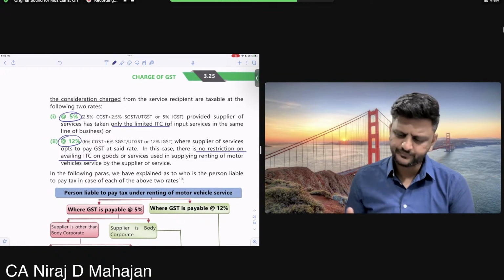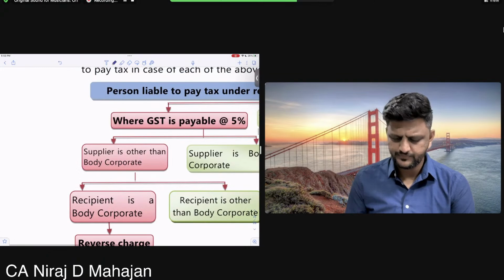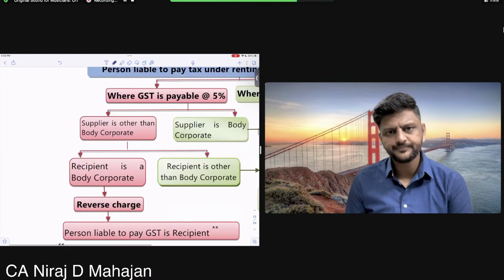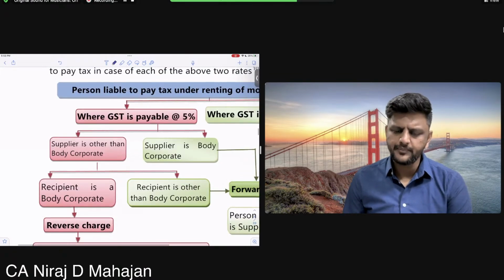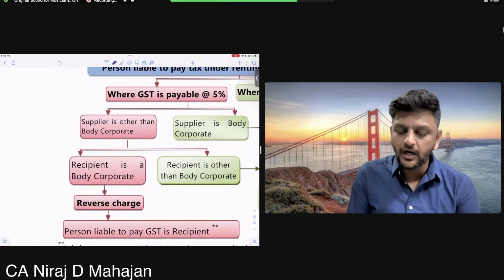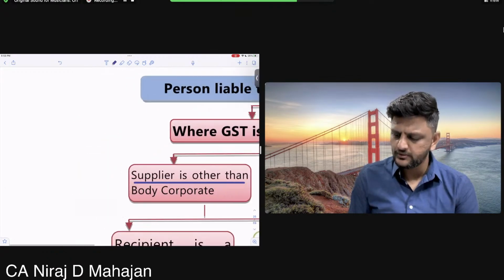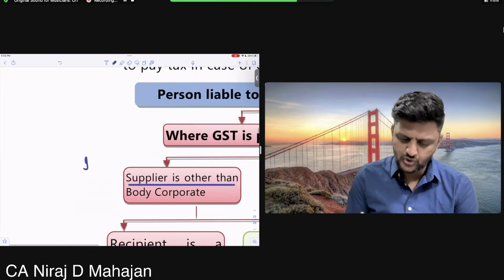Fine till here? So your RCM can come into picture. Where the person liable to pay tax is opting for 5%, the supplier is other than body corporate, meaning individual, firm.